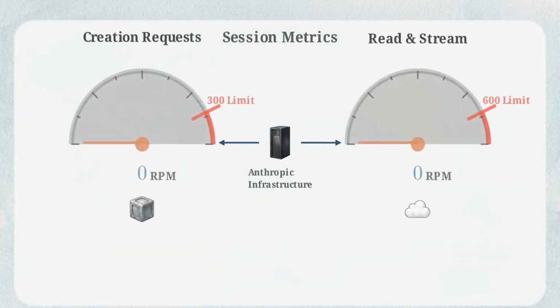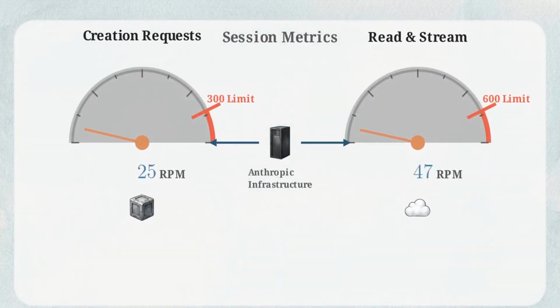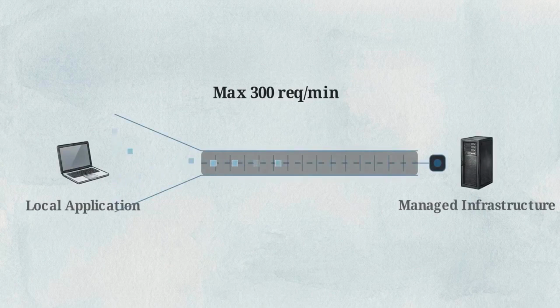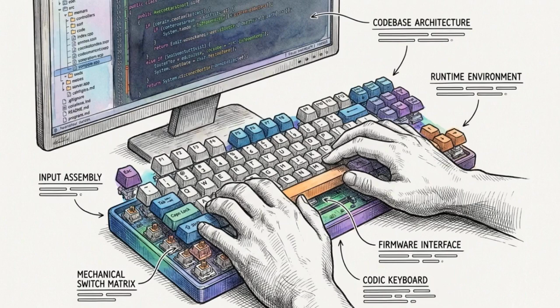Looking at this dual-gauge visualization, you can see the architectural ceiling you must design against for session fanouts. Organizational rate limits are strictly capped at roughly 300 creation requests and 600 read and stream requests per minute. Achieving production readiness with this architecture requires strictly handling that beta header and architecting any massive fan-out loops to operate safely within those exact rate limits.